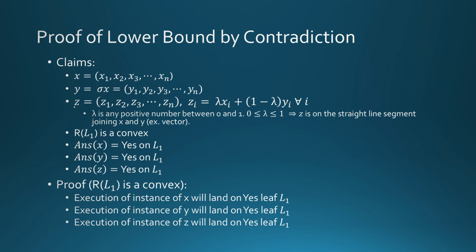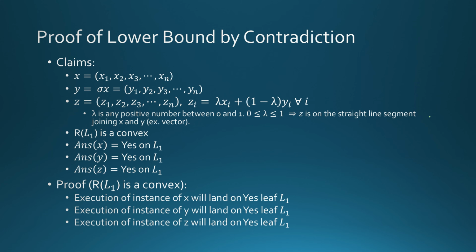But then we're introducing this new z, which has the same number of elements, but zi equals lambda xi plus 1 minus lambda yi for all i, where lambda is any number with 0 less than or equal to lambda, which is less than or equal to 1.